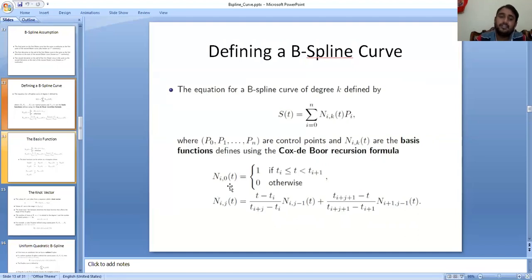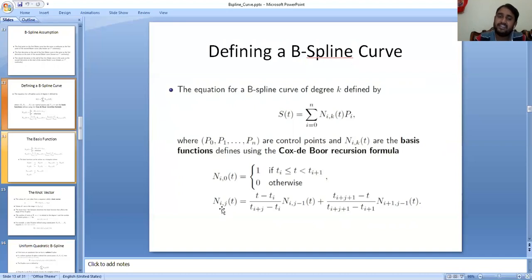It means when the second subscript is 0, whatever the first subscript is, it doesn't matter. The value of this basis function can be either 0 or 1, either on or off.